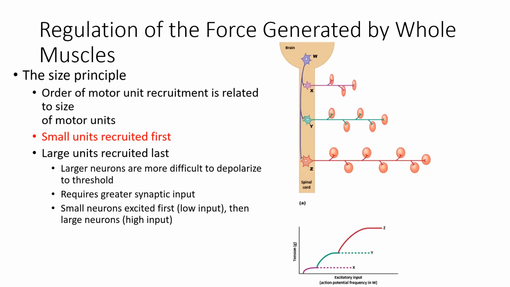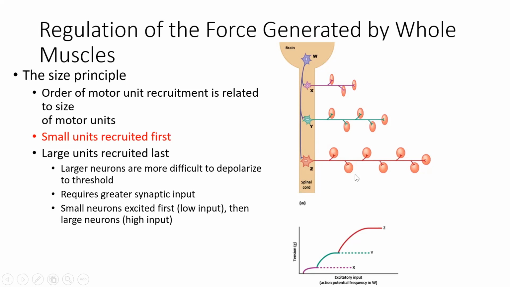And then the axon diameters of those neurons are also going to be smaller. And I'm going to recruit that first before I go to my larger muscles with larger numbers of fibers attached, larger size of each of those fibers, larger size of the cell bodies and somas on those motor neurons, and then larger axon diameters altogether.